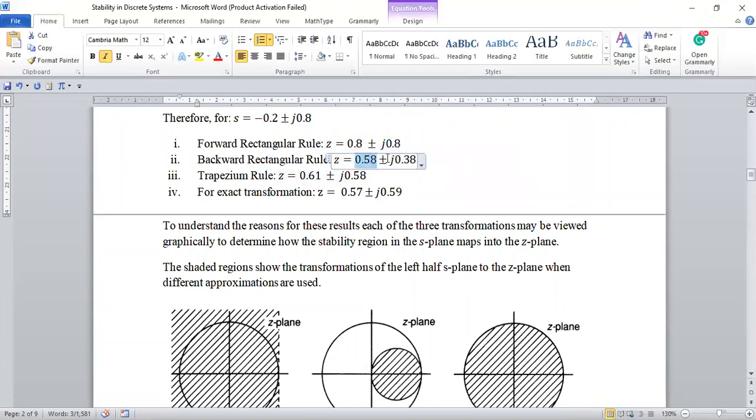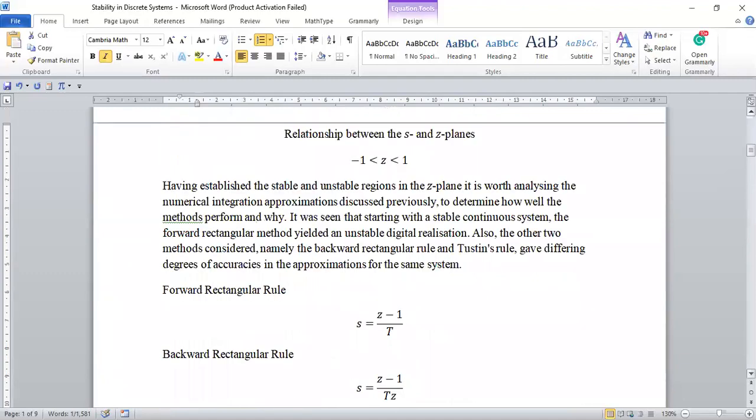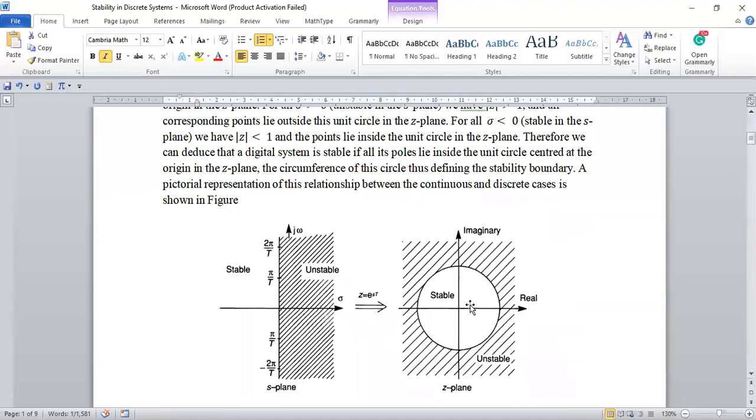Then here, if you plot it on the unit circle, you would say that it is within the unit circle. So 0.58, 0.38. So let me go to the unit circle. Here you have 0.5, which will be around this place. Then 0.3 will be around this place.